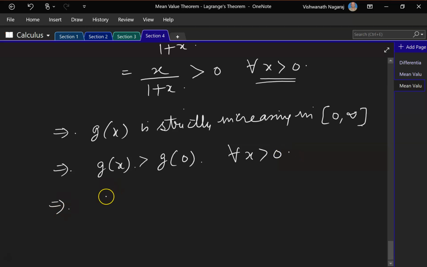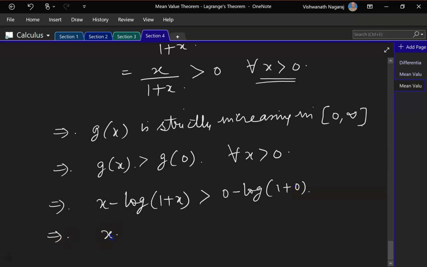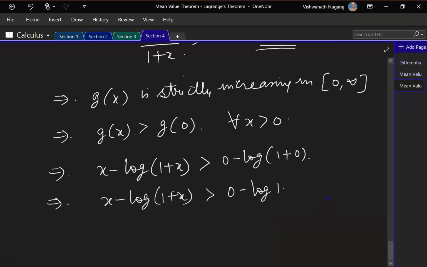Which implies, let's bring back the function itself. X minus log of 1 plus x is greater than 0 minus log of 1 plus 0. Which implies x minus log of 1 plus x is greater than 0 minus log of 1.